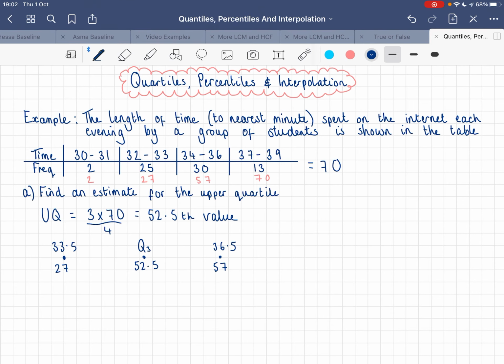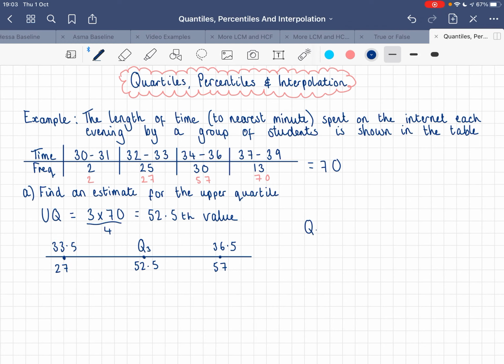52.5 value. Now we can use a bit of proportion to work this out. I'm going to put a line here, like a number line. So to find how far the upper quartile is through that interval, we would find the difference between Q3, whatever that is, and the beginning of the interval, and divide it by the size of the interval altogether.